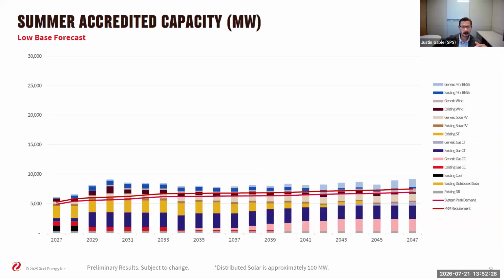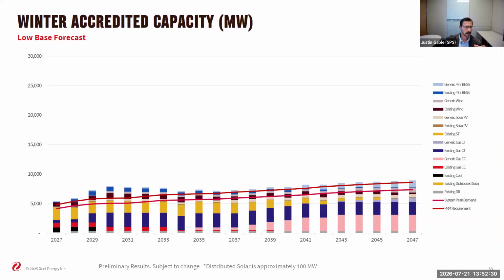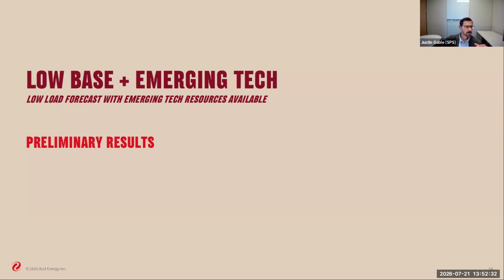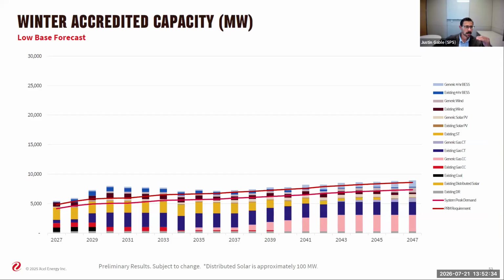You can see the summer credit capacity basis and the winter credit capacity basis. You can see it's the exact same situation that was happening with our other planning forecast, where we are building for a winter requirement, and it's slightly overbuilding the resources if you were just to purely look at a summer need.